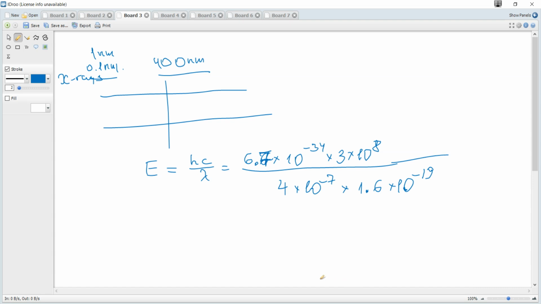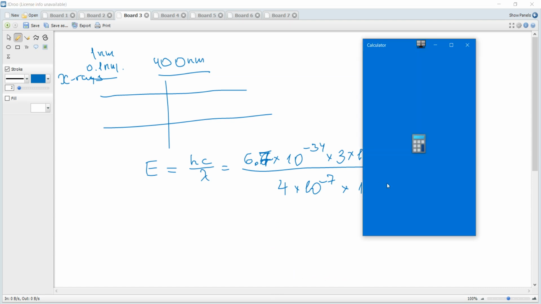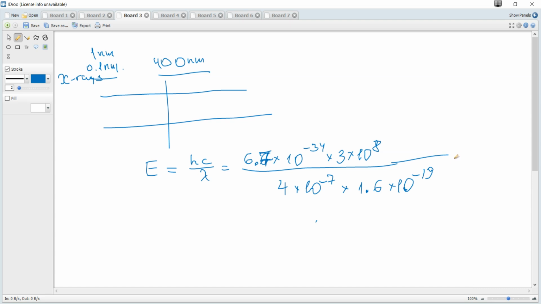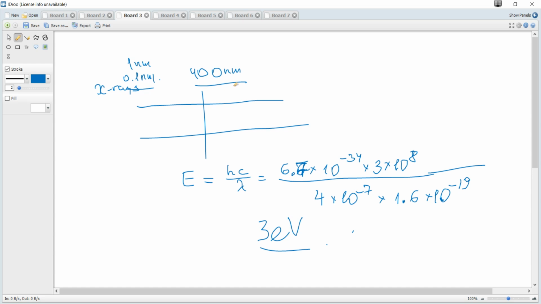Looking at the powers, negative 34 plus 15 becomes 0, so it becomes just 6.7 times 3 divided by 4 and divided by 1.6, it's 3 point something, so it's about 3 electron volts when we take 400 nanometers.